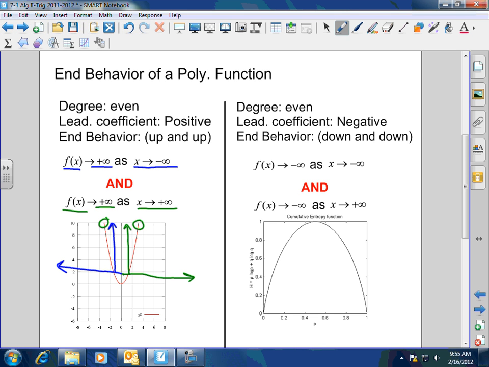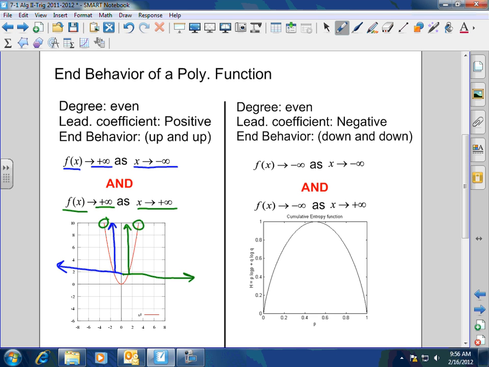Yes? It says f of x is increasing to positive infinity as x is increasing to negative infinity, or decreasing to negative infinity. And f of x, which is y, is increasing to positive infinity as x is increasing to positive infinity. Now, the negative leading coefficient with an even degree.